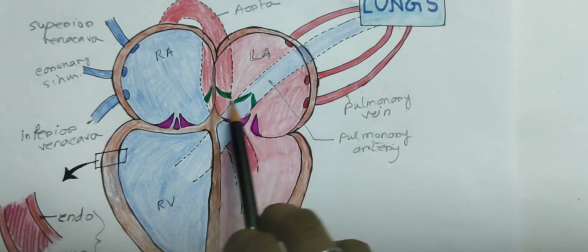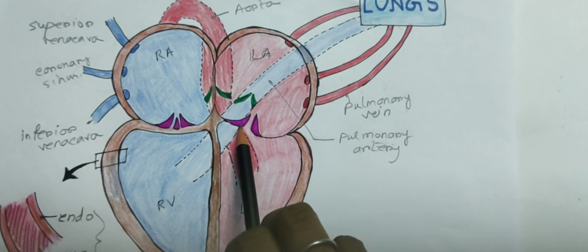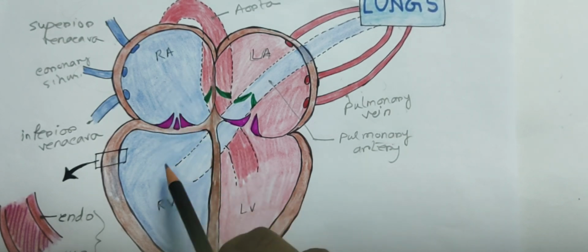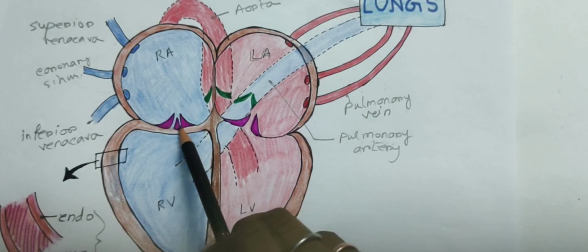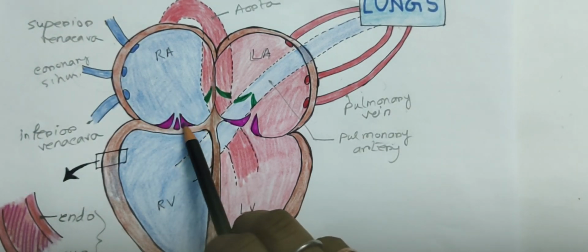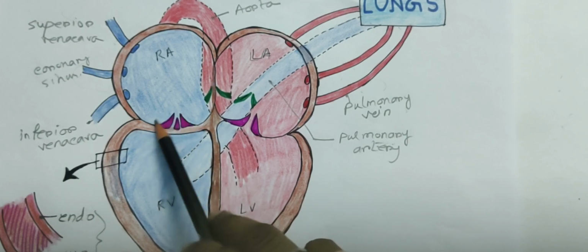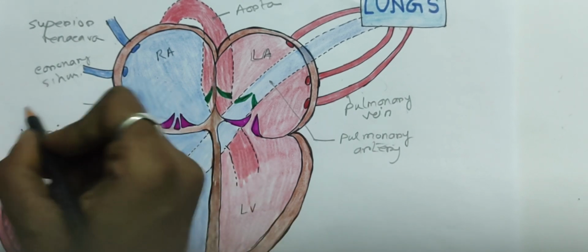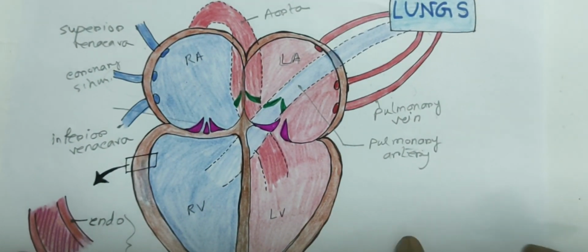There is another structure, the valves. The function of a valve is to allow the blood to go in one direction only. Here there are three cusps, so this is the tricuspid valve.